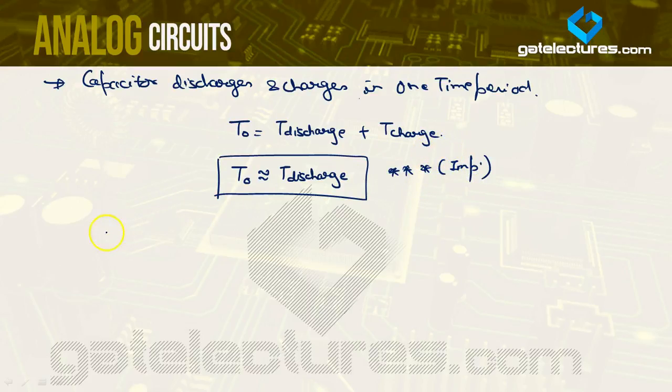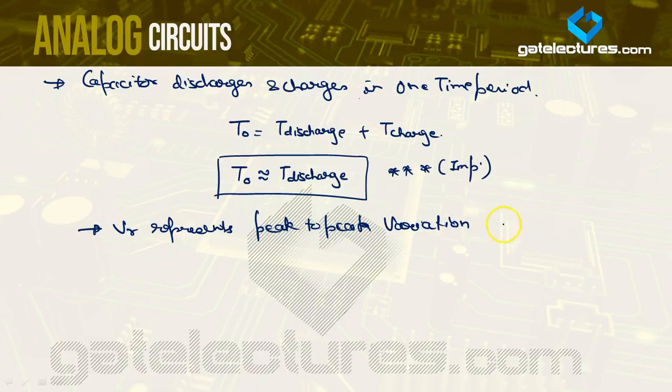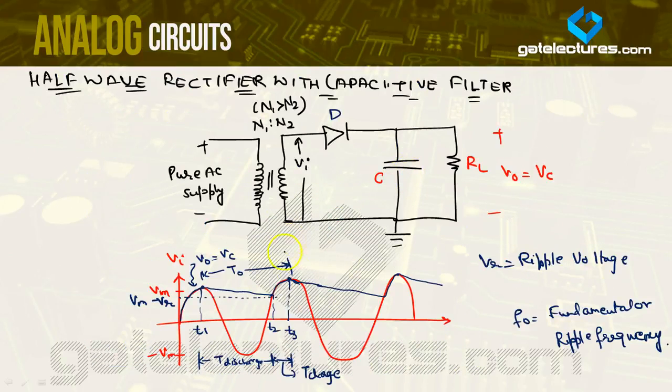Okay, so VR represents the peak to peak variation in the output. So this voltage is VR.